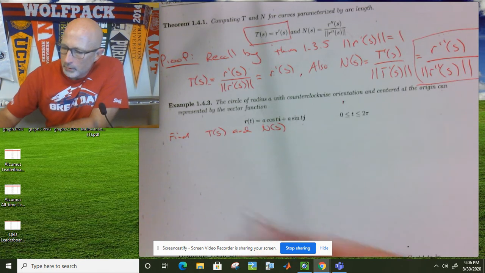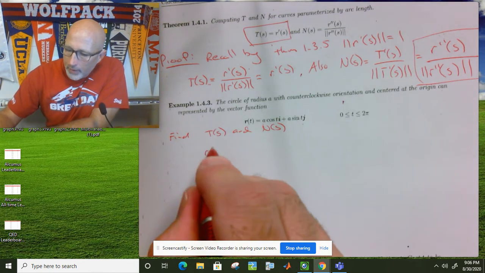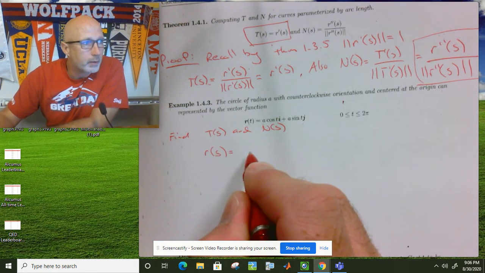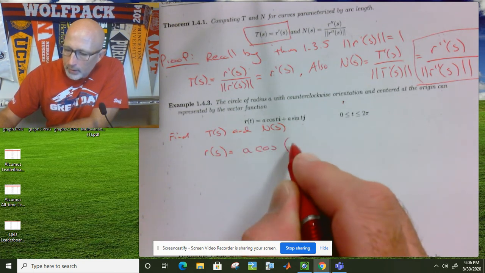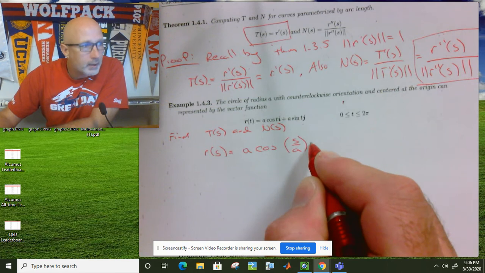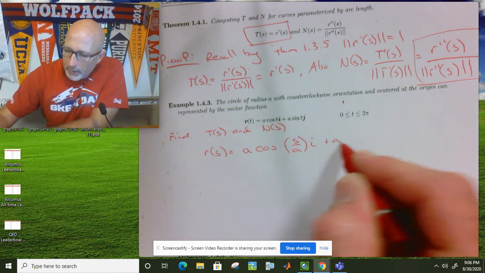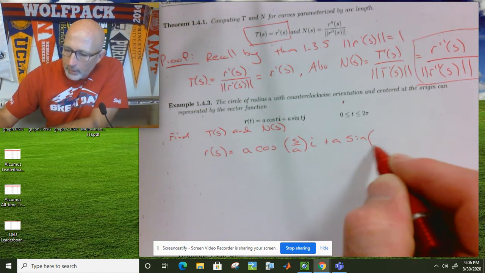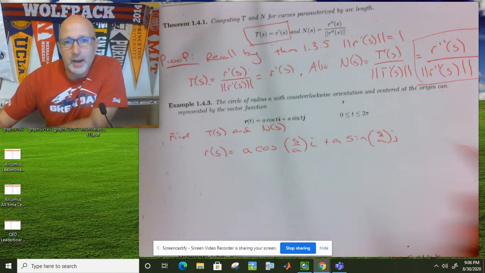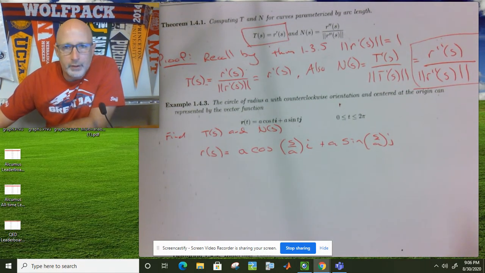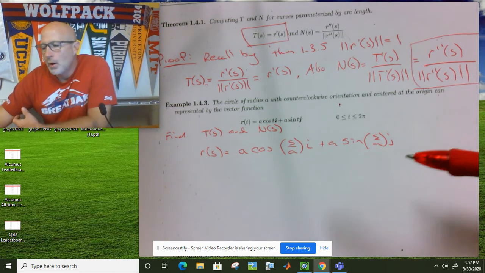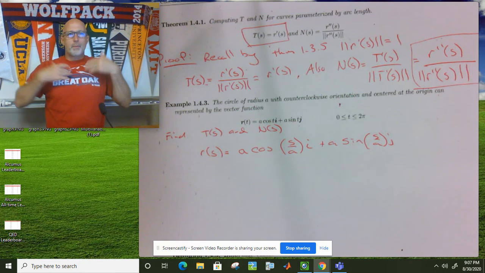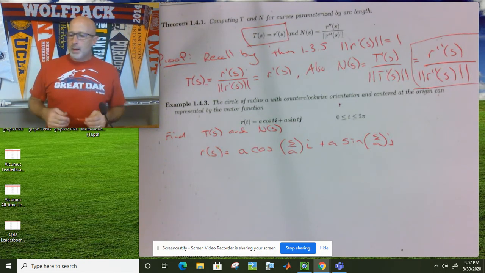So r of s, if you recall from before, after it's been parameterized, is a times cosine of s over a i plus a sine of s over a j. That was one of the very first things we did when we learned how to parameterize things. Just to step back for a moment, remember where this came from.